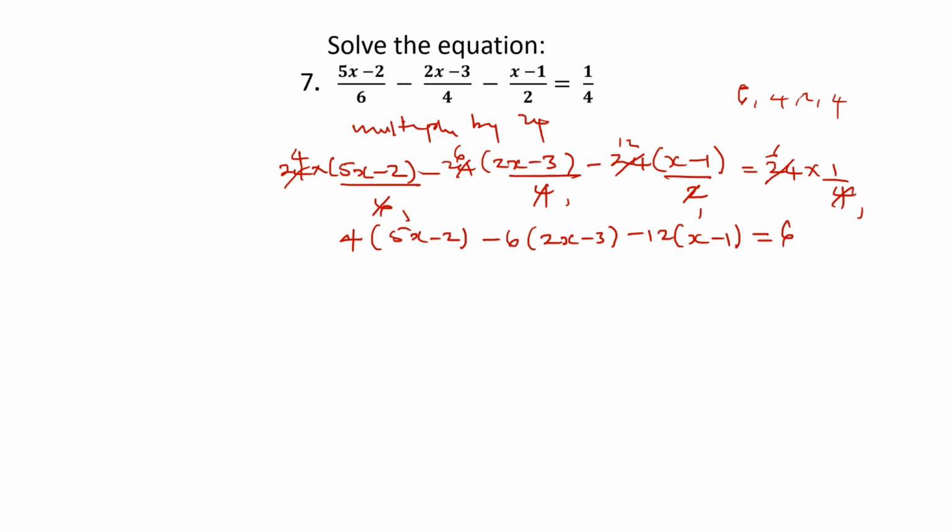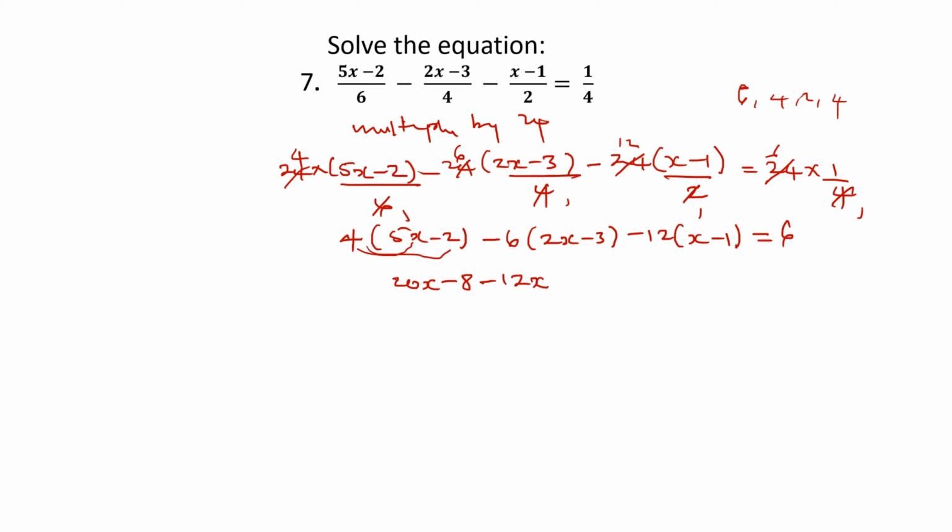So we expand the bracket. 4 multiplied by 5x is 20x. 4 multiplied by negative 2 is negative 8. Negative 6 multiplied by 2x is minus 12x.